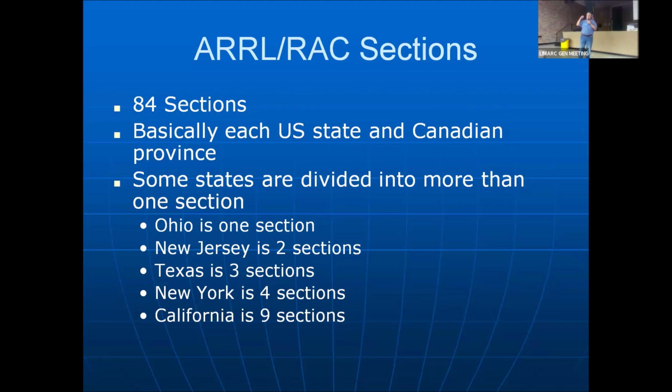The sections are 2 or 3 letters, and they will confuse the heck out of you when you hear one you haven't heard before. But they're exactly right in front of you on the screen for you to see, and your logger may say, oh yeah, that was NFL, Northern Florida.